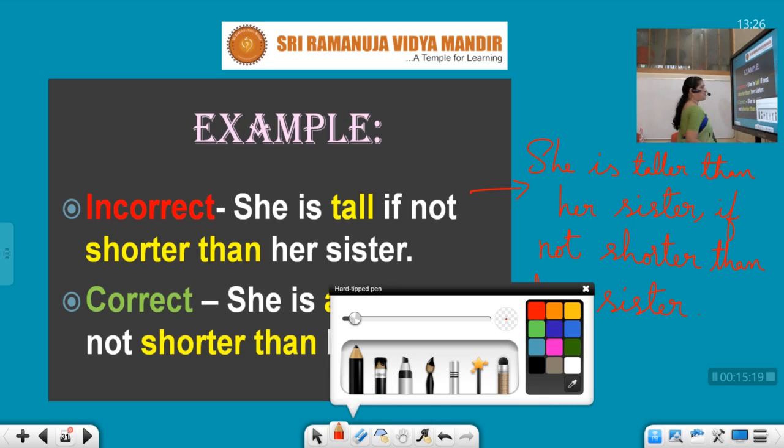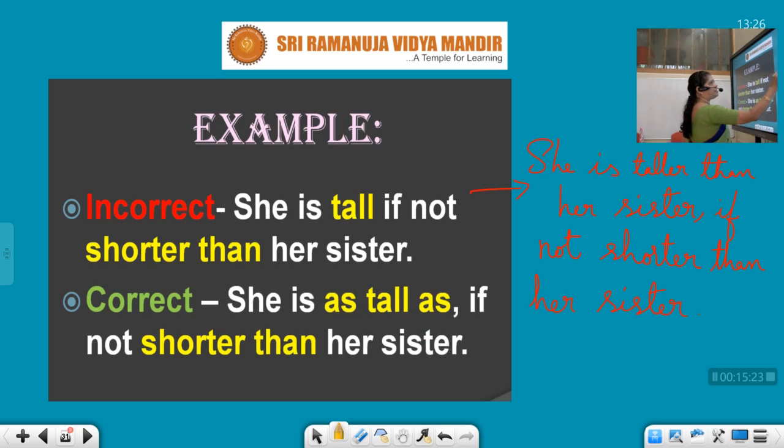So here I am using two adjectives. One is taller, another one is shorter. What I mean to say is she is either taller or shorter than her sister. Maybe she is a little tall or maybe she is a little short.